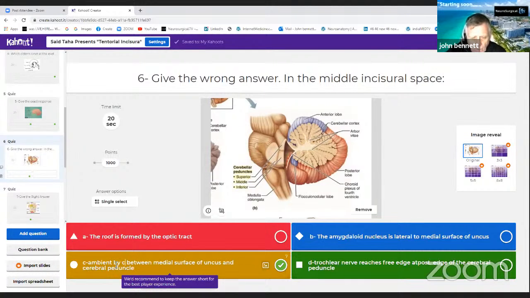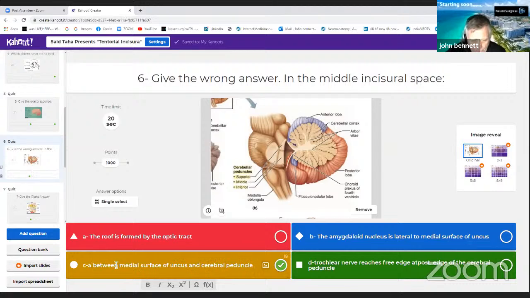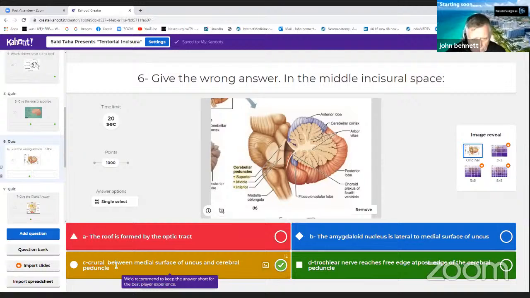C-R-U-R-A-L. Okay. Between the medial surface of the ankles and the cerebral peduncle.